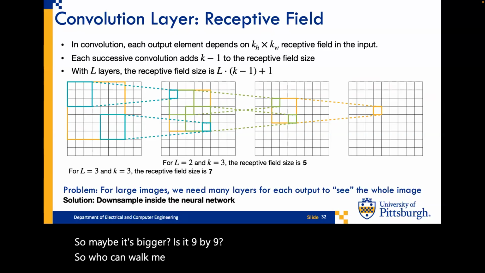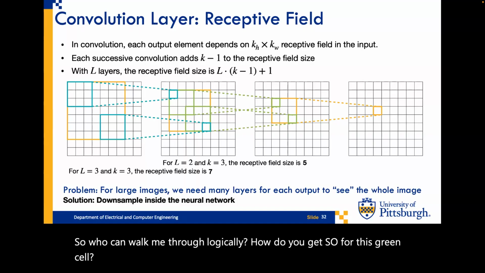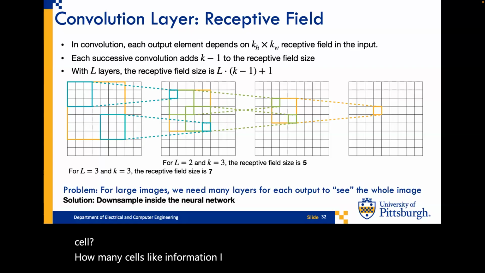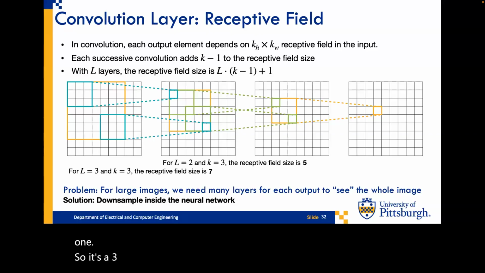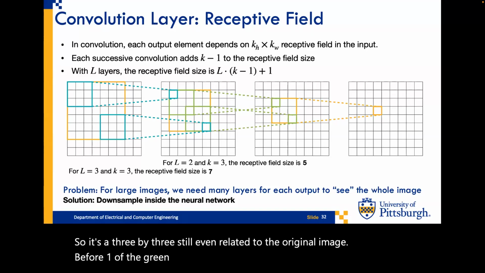For this green cell, how many cells of information can I get from the original image? Yes, just 9 cells, so 3 by 3, because you're still shrinking 3 by 3 into 1, and that's distilling into that 1. So it's a 3 by 3, still, even related to the original image, for one of the green cells? I think so. Okay, that's one answer.